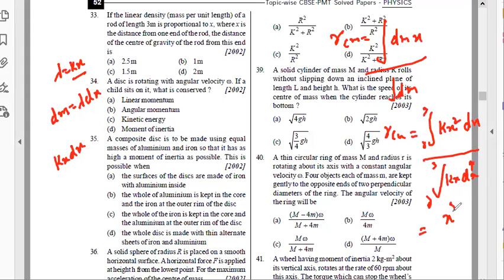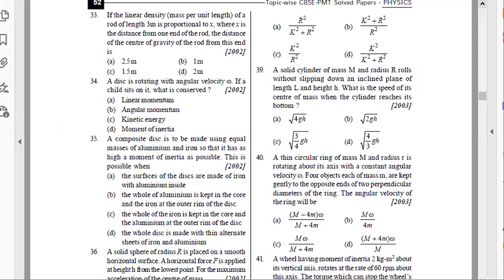It will be x cubed by 3 divided by x square by 2. Now 3 cubed by 3 will become 3 square, 3 square cancels, 2 will go upside, we'll get 2 m. Got it? Yes? Clear?